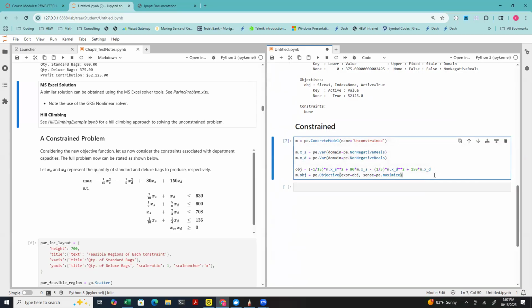I've still got my objective function. Well, in the Pyomo code, I can still write out very similar constraints. I'll just say m.department1, because I don't remember the departments there, but I can just say pe.Constraint, an expression: 0.7 times m.x_s plus m.x_d less than or equal to 630. Great, m.department2.